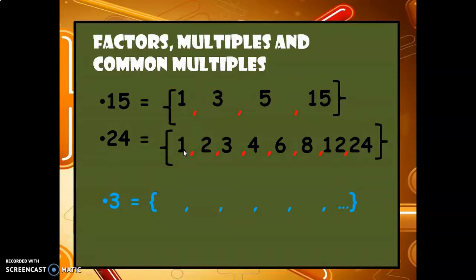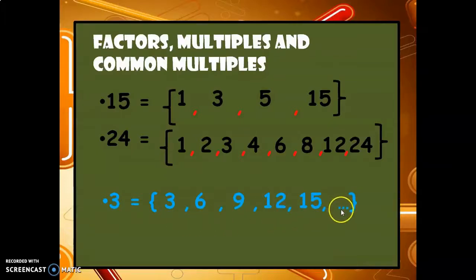Now let's have the third example. For the third example, we will write all the multiples of 3. How do we get the multiples of a certain number? You just do the counting by that number. Here we have 3, so let's count by 3: 3, 6, 9, 12, 15, and so on.